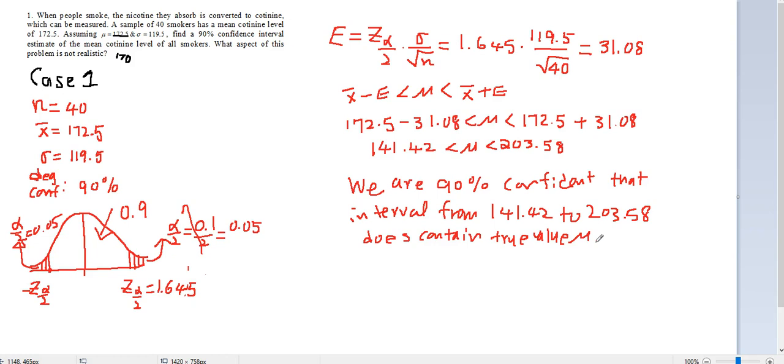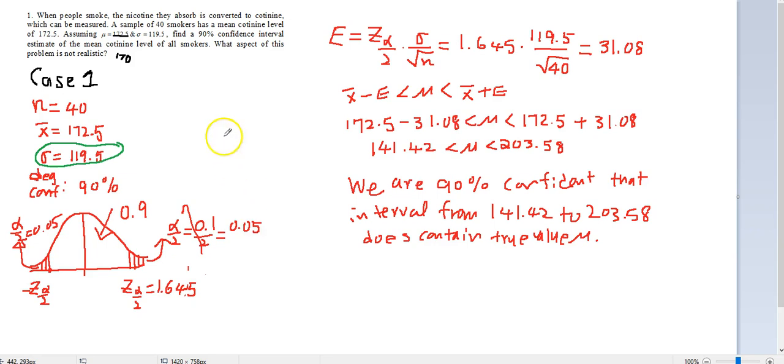Now remember that when you do this on the test, you must use the correct table. Since you know that sigma is known, I'm just going to point that out here. Right here, the sigma is 119.5.